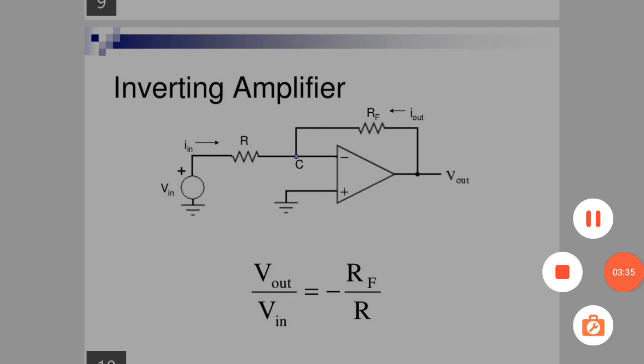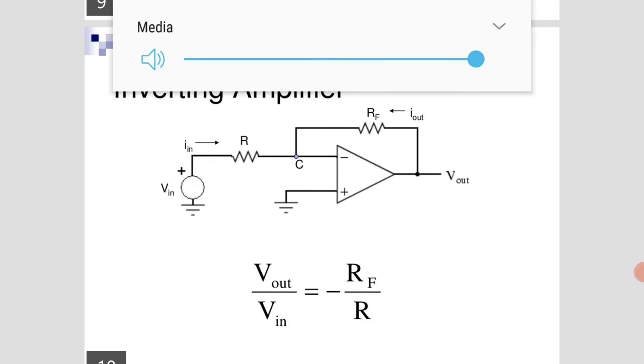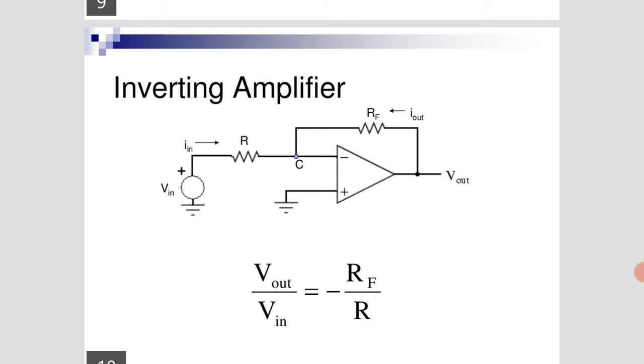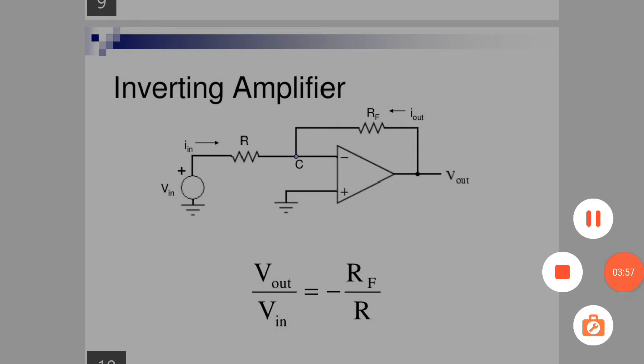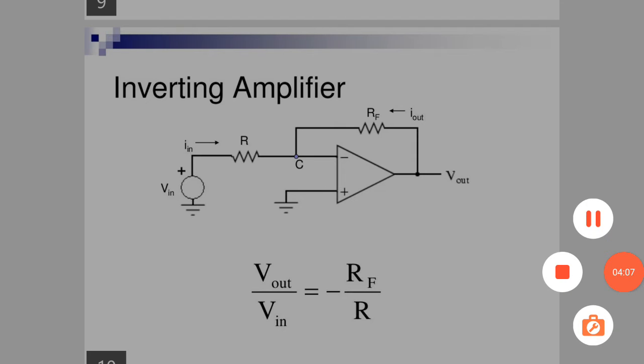The resistance R is connected to the inverting terminal, with input voltage Vin. Then RF, the feedback resistance, is connected from the output Vout to the input.